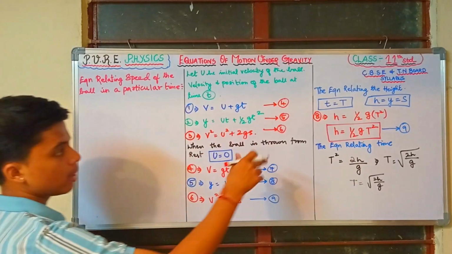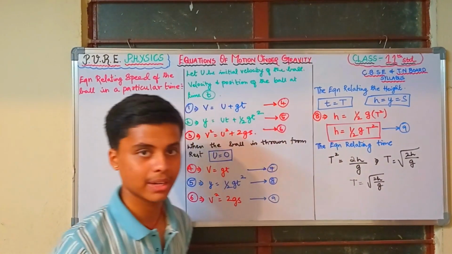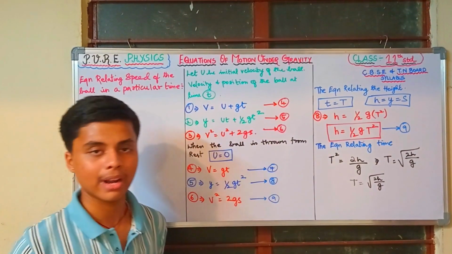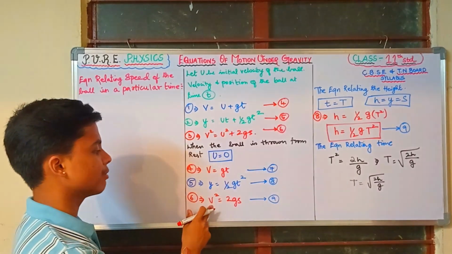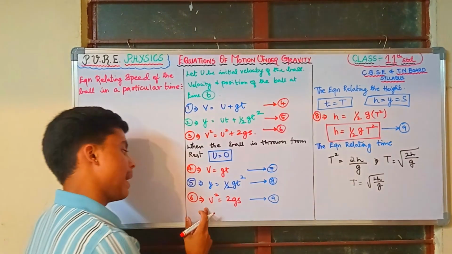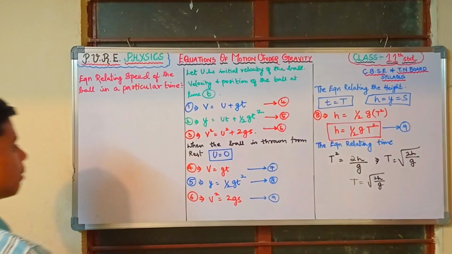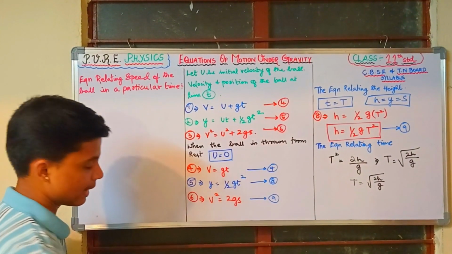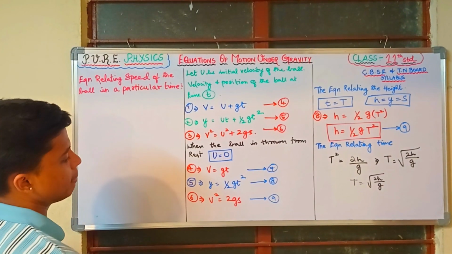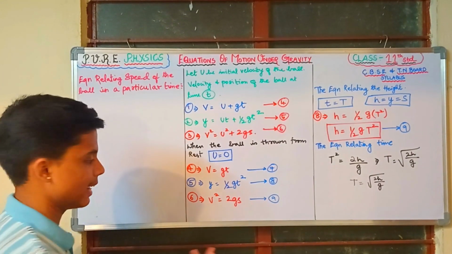Therefore, my ball is moving a distance of h, or height h, and I need to find the v square. So from this equation itself, I can find the speed of the ball traveling in a particular time t within a given height h.